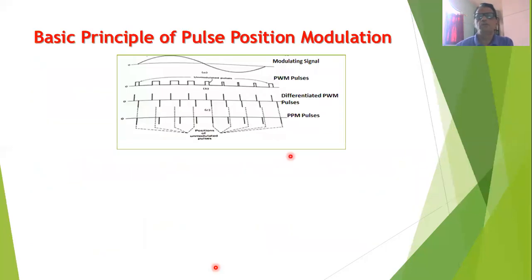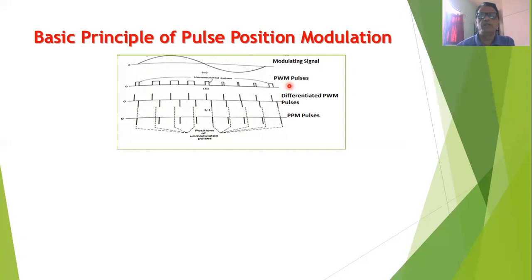Now we will go for the discussion of the basic principle of pulse position modulation. As we know, the modulating signal is a continuous signal. Whenever we want to generate the PPM pulses, initially we will generate the PWM pulses by making use of a comparator circuit. These PWM pulses are differentiated.